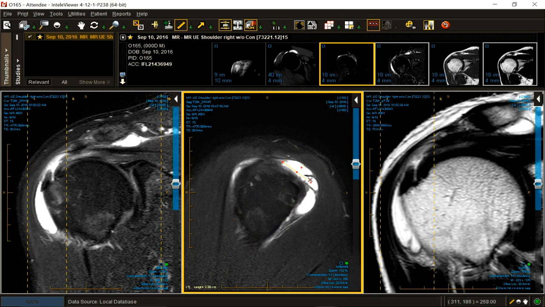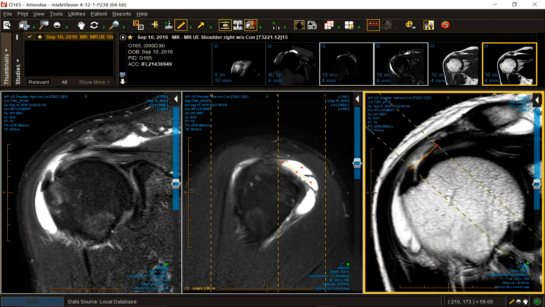So the anteroposterior length of the tear, 2.4 centimeters. The medial lateral dimension of this upside down reverse pasta lesion is 1.5 centimeters. Bursitis, pronounced. Subacromial impingement, pronounced.